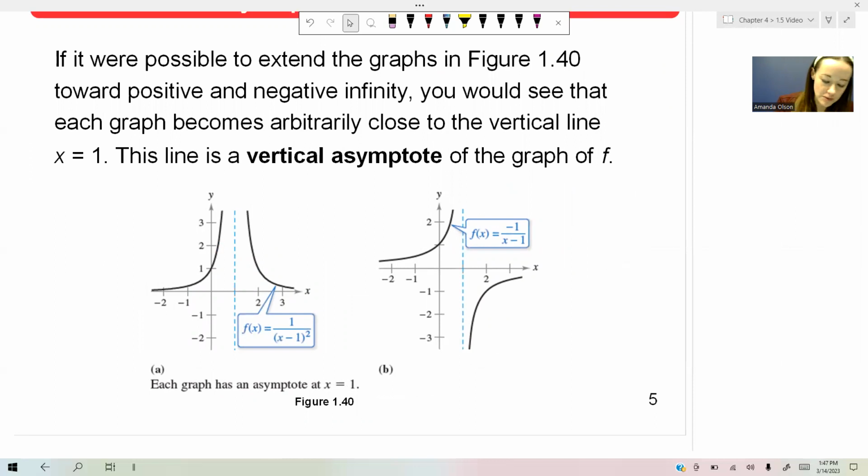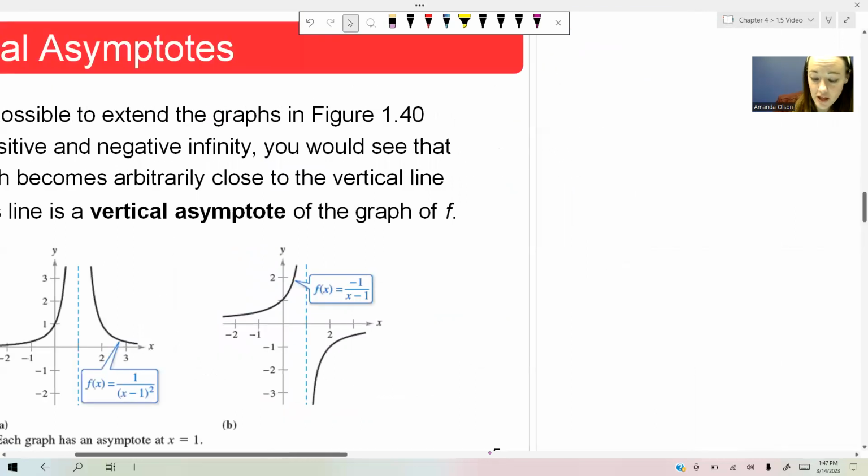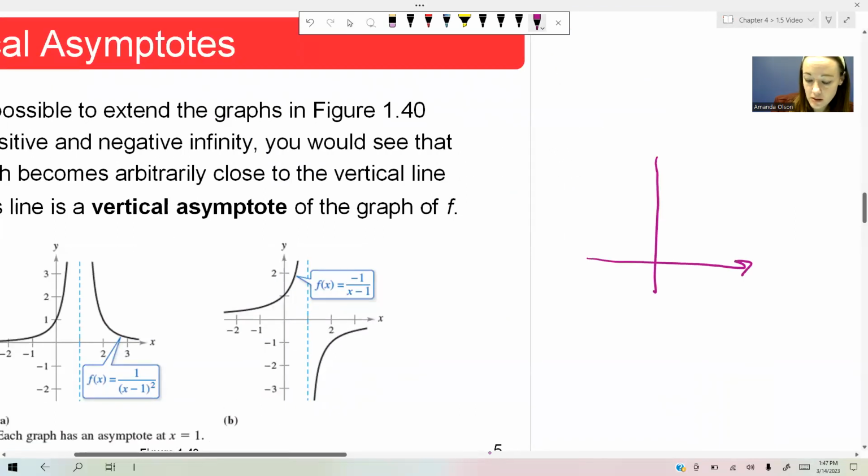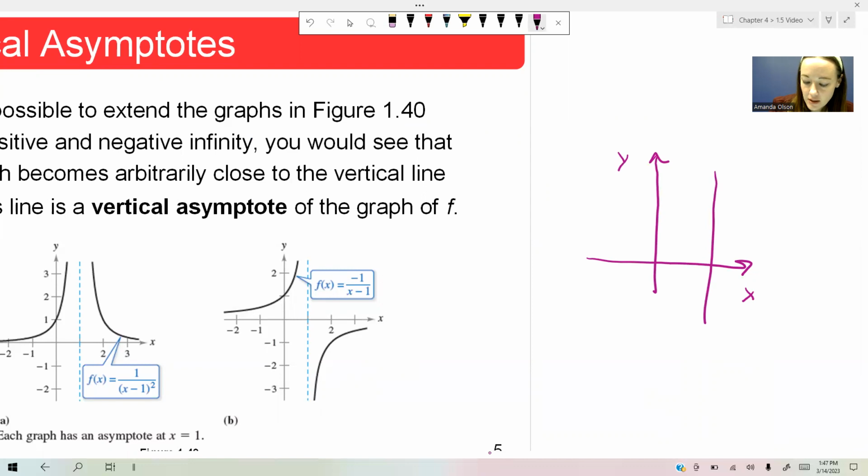So theoretically, I could have a function, and I'm not going to take the time to define this, but I could have a function that has this line, and then it kind of continues back and forth until it gets really, really close to, but never actually has a stopping point at, that value. So maybe it's alternating.